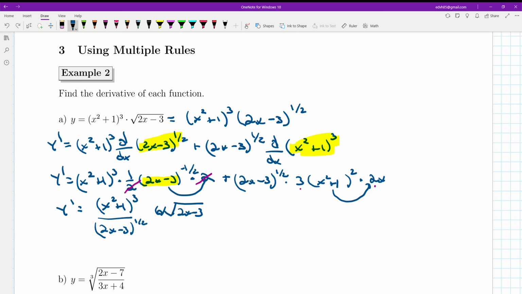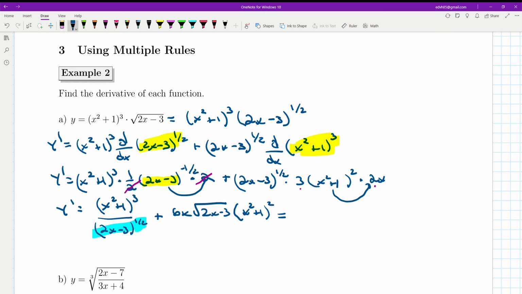Let me actually rewrite this whole thing. 6x square root of 2x minus 3 times x squared plus 1 squared. And last but not least, we can change this rational exponent expression into a radical.